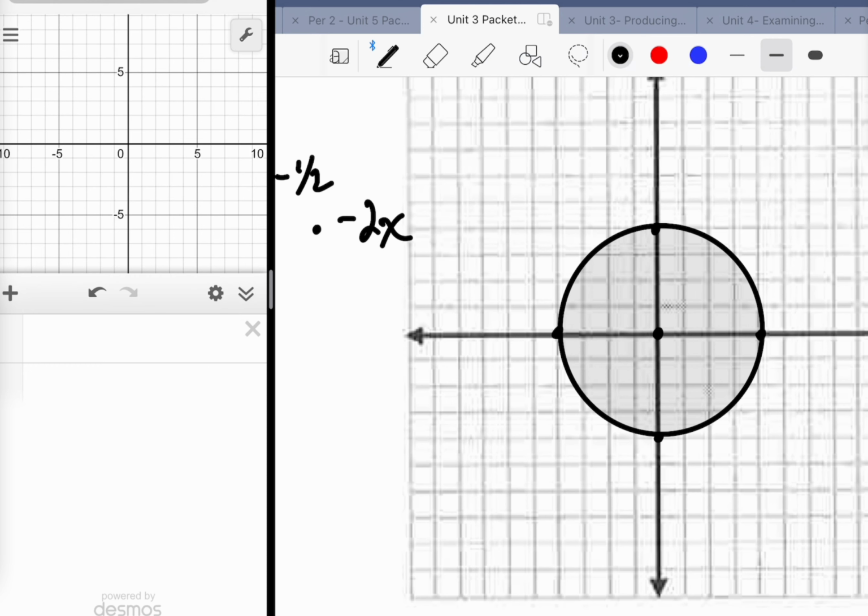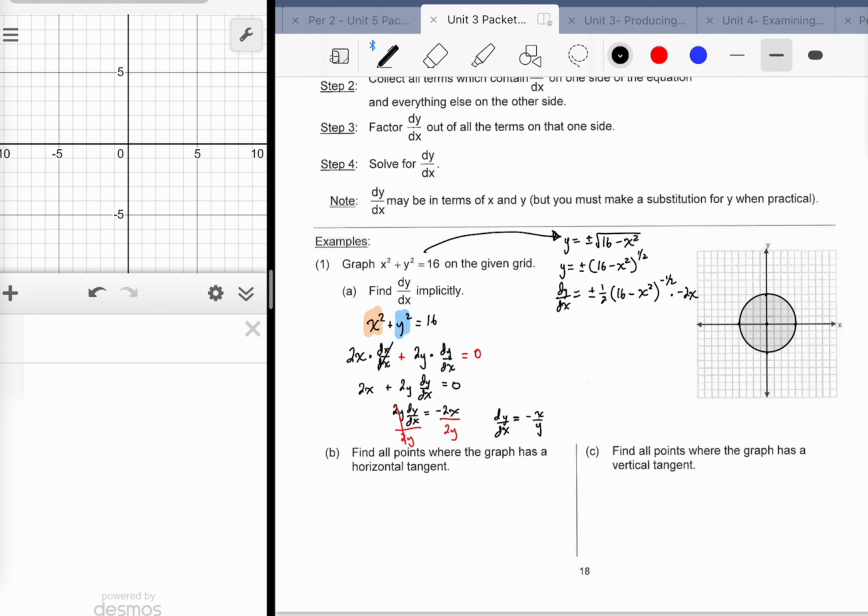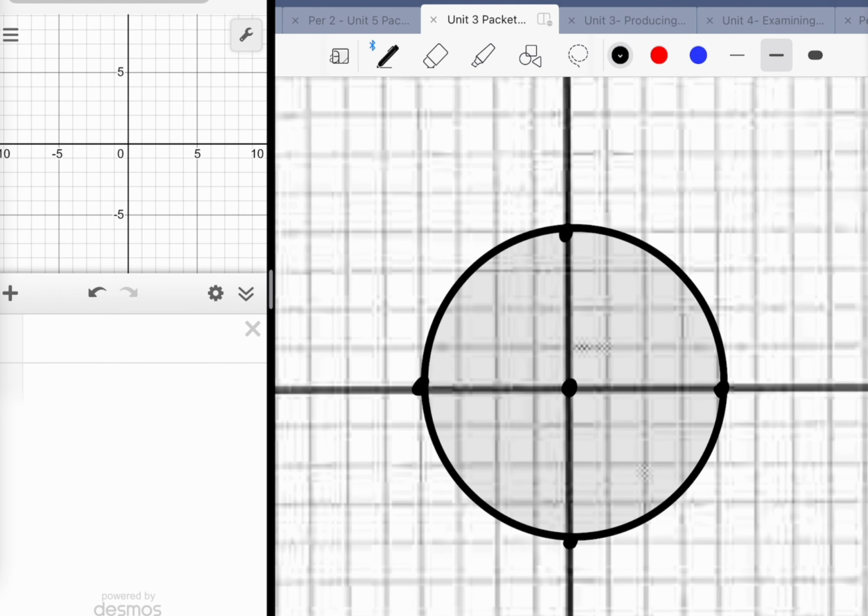So I could figure out lots of information based off of the fact that it's a circle and that very simple derivative equation that we came up with. Now in this one, they're just asking for instances where the graph has a horizontal and vertical tangent. A horizontal tangent would be a turning point on the high side or the low side.